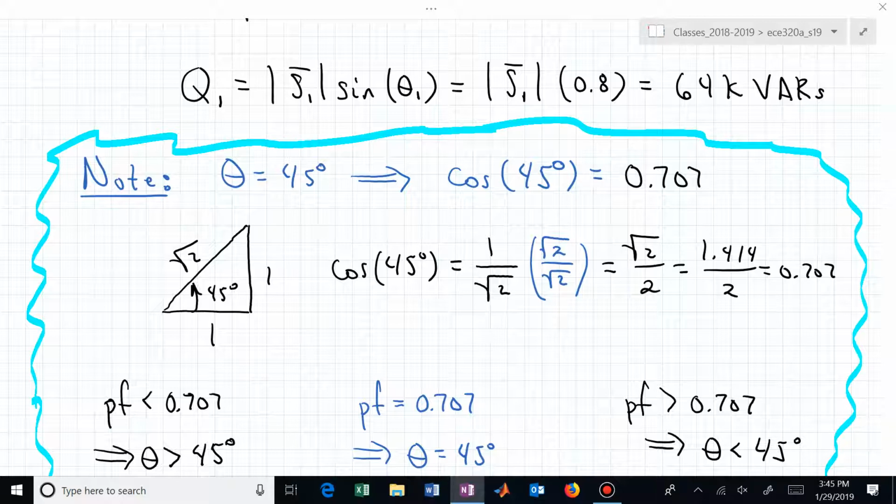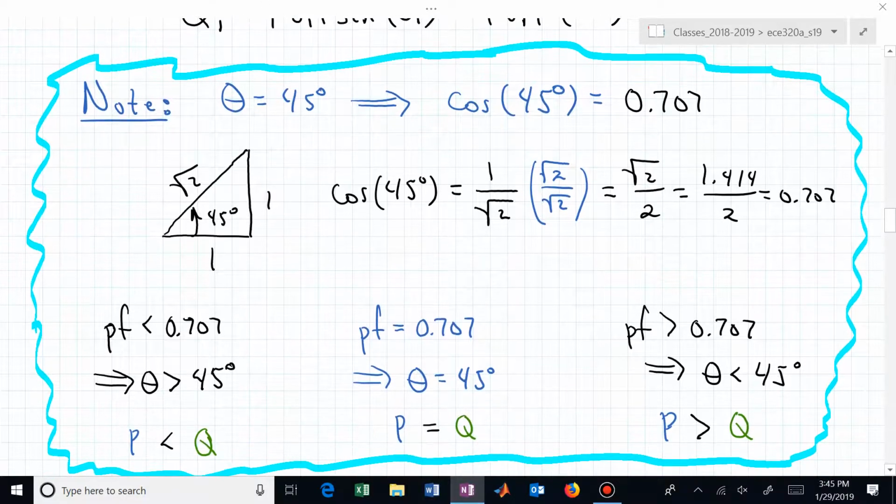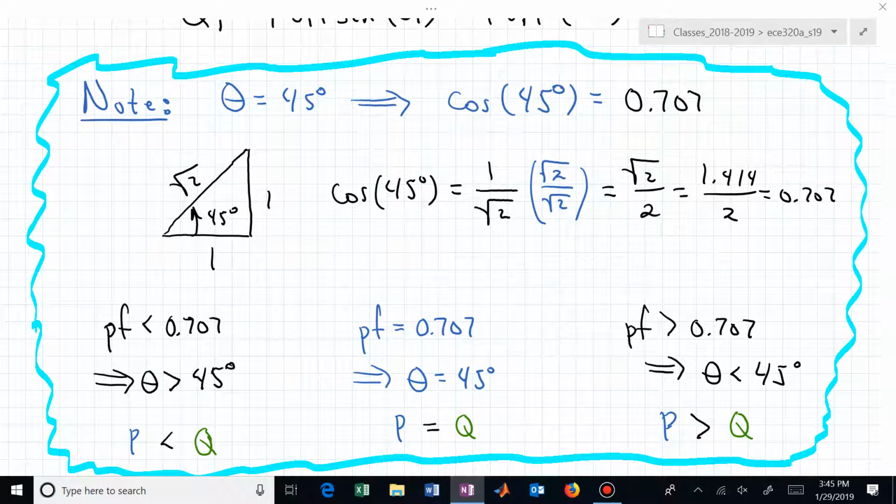And here's the note highlighted about what I was talking about earlier. You can draw a 1, 1, square root of 2 right triangle and sort of cover your bases. You can say, oh, I now know what the cosine of 45 degrees is. That's 1 over the square root of 2, adjacent over hypotenuse.